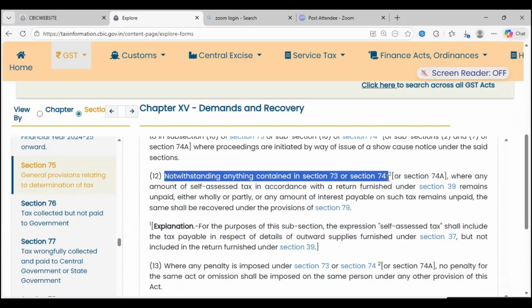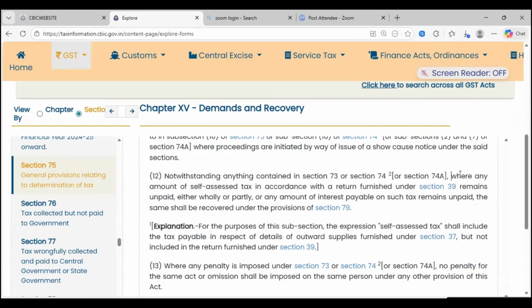Government says that notwithstanding anything contained in 73 or 74 or 74A, forget that. They say where any amount of self-assessed tax, that is your tax payable in accordance with a return furnished under section 39, that is your 3B, remains unpaid. My self-assessed tax ought to be paid but is not paid.